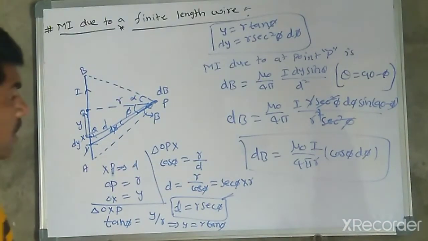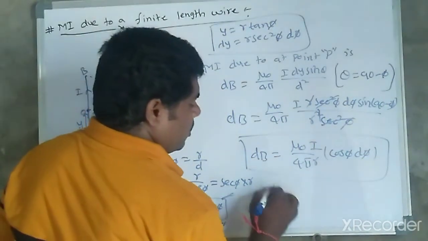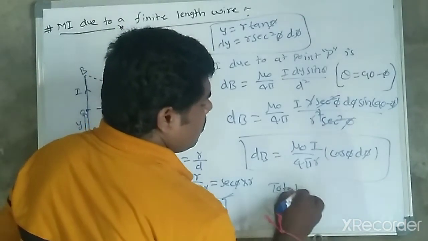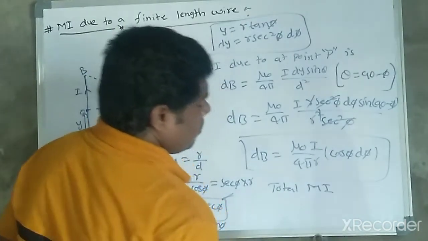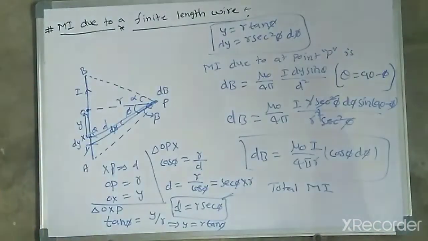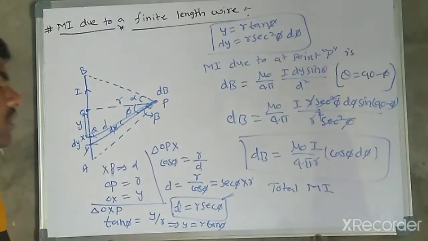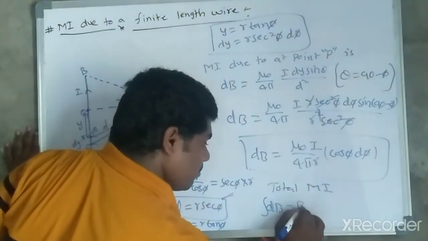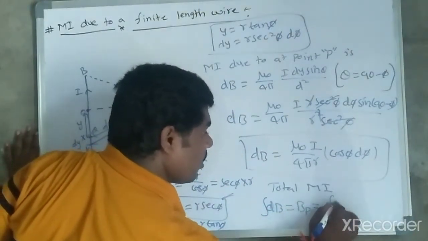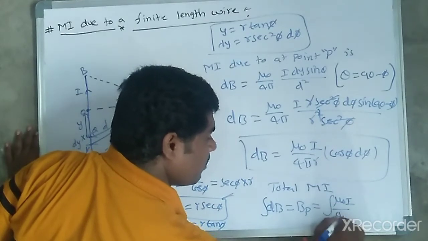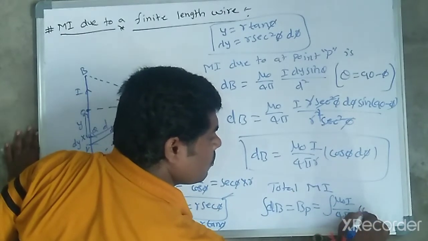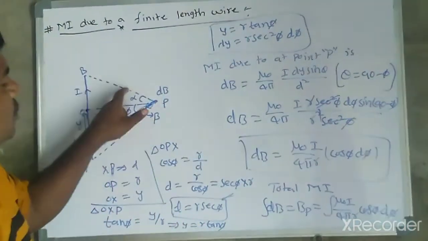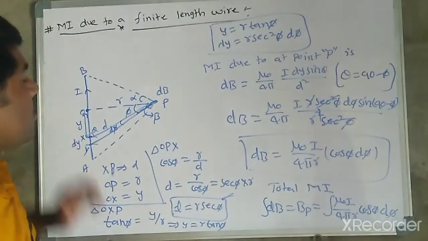So total magnetic induction throughout this finite wire, how to find it? Integrate on both sides of the above equation. So integral dB is equal to BP, equal to integral of mu naught I divided by 4 pi r into cos phi d phi. Here only the angle is changing, the length AB is constant.